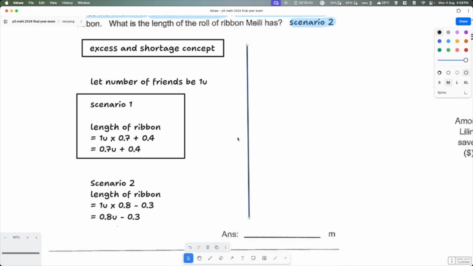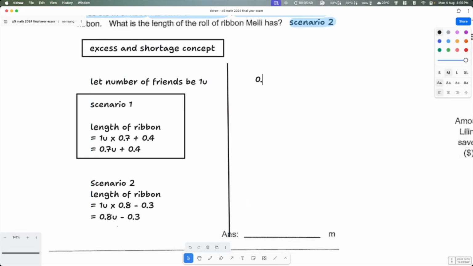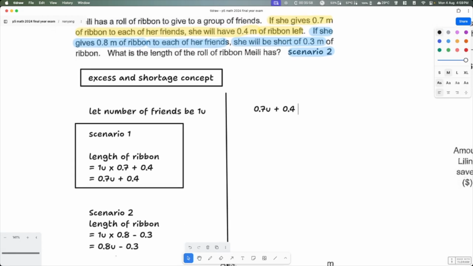So from here, 0.7 units plus 0.4 is equal to 0.8 units minus 0.3.